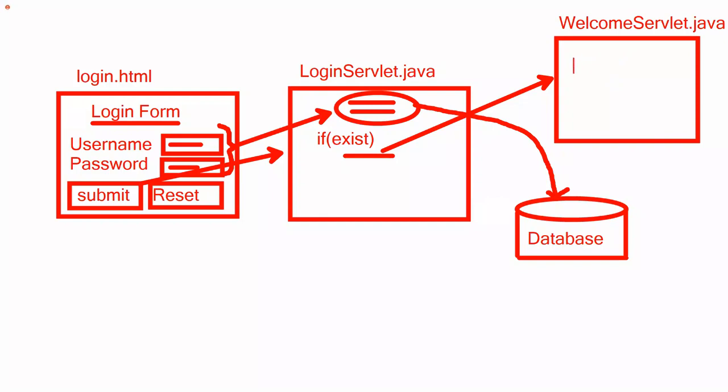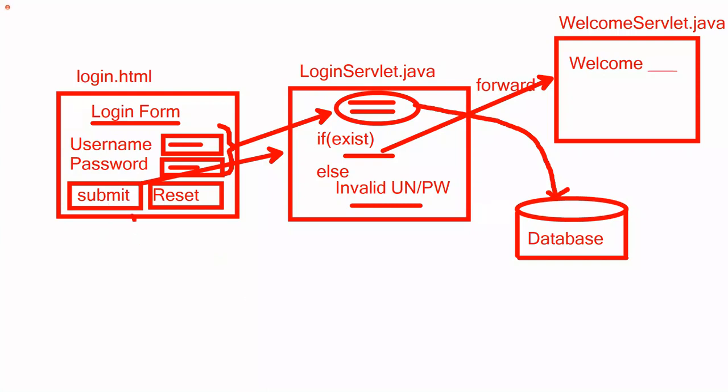Here I'll display the welcome message, welcome username. It is just a forward. Suppose the given username and password do not exist. Then I'll display invalid username or password, as well as I'll include this HTML.